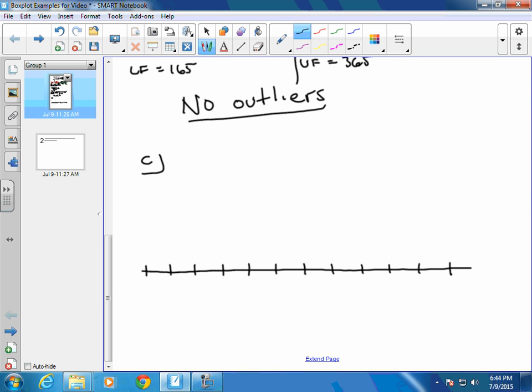As you can see, I don't have perfectly evenly spaced tick marks, but they're reasonably equal distances. I'm going to start at 220. As I was marking them off, I was counting by 10, making sure that we'd fit all of our data, meaning I need my 225 to fit somewhere, and I need my 330 to fit somewhere.